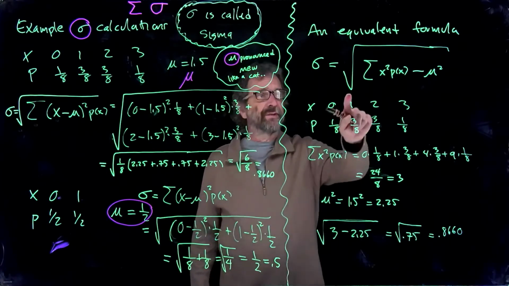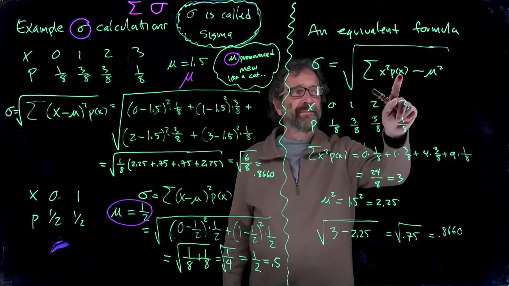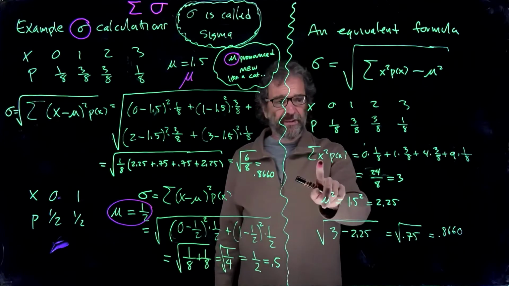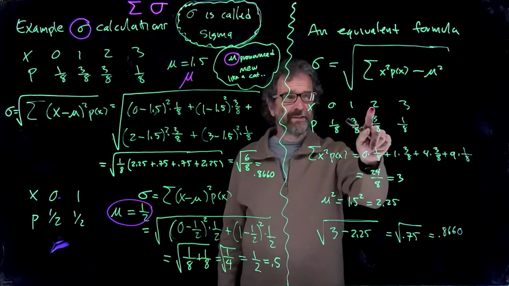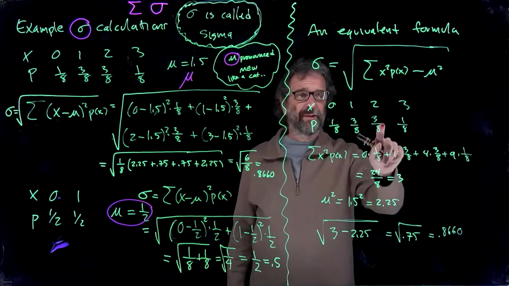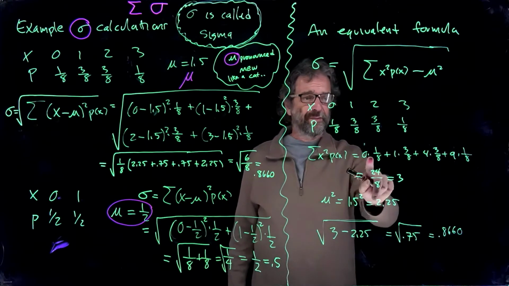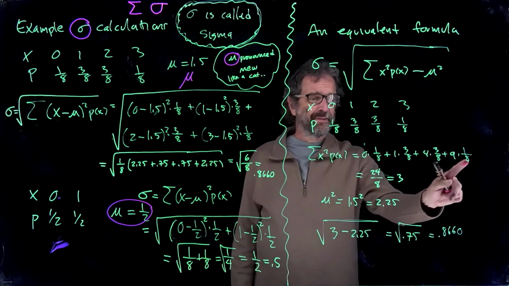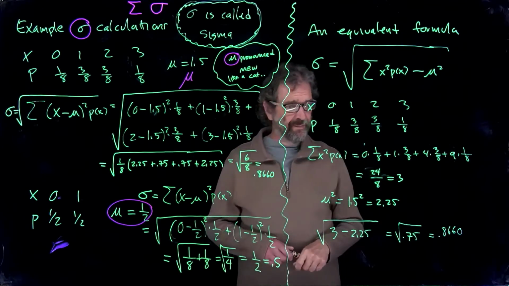It's the square root, and here is x squared times p of x summed together, and then minus mu squared. So we can compute x squared times p of x. We square each of these and multiply them by this number. So 0 squared times that, 1 squared times that, 2 squared times that, 3 squared. So it's 0 times 1/8, 1 times 3/8, 4, which is 2 squared, times 3/8, and 9, which is 3 squared, times 1/8. We add them up.